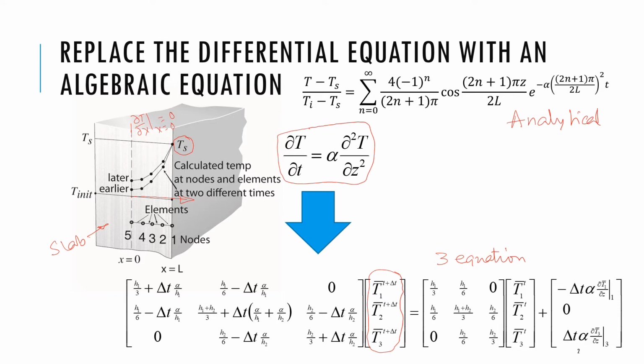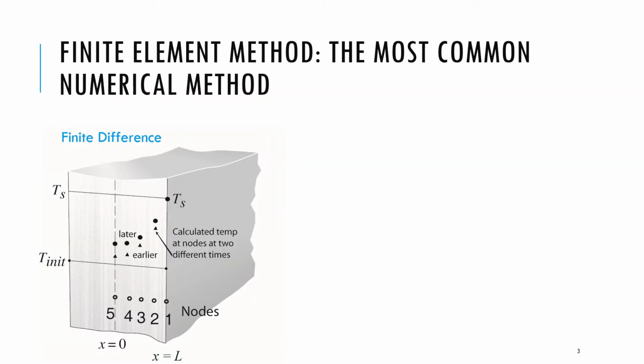It doesn't pertain to this particular problem. In reality, you'll have many more equations typically, but the point is you are changing from a differential equation to a set of linear algebraic equations. This is our goal.